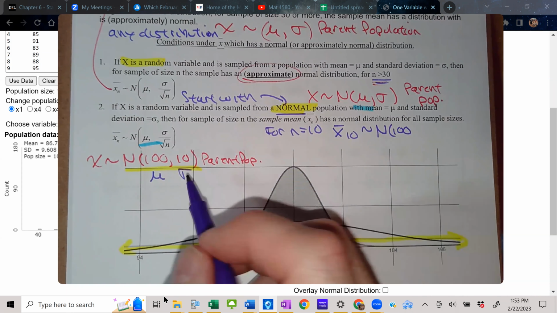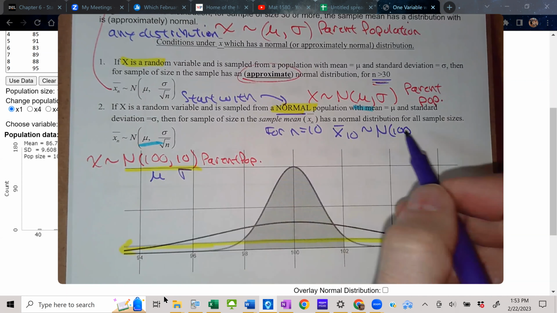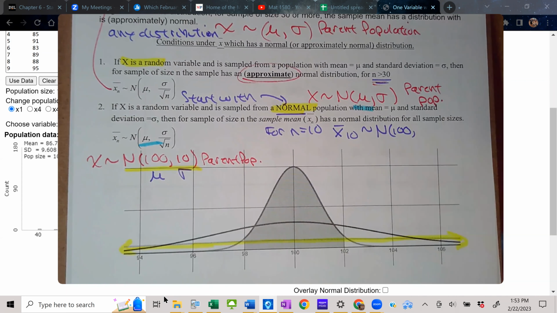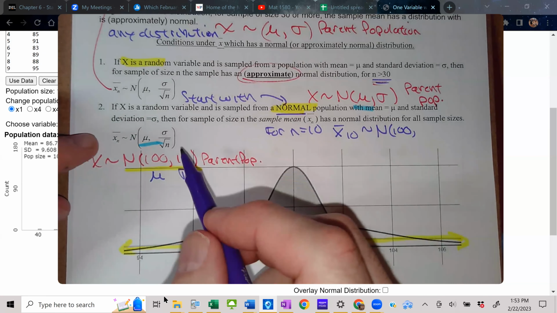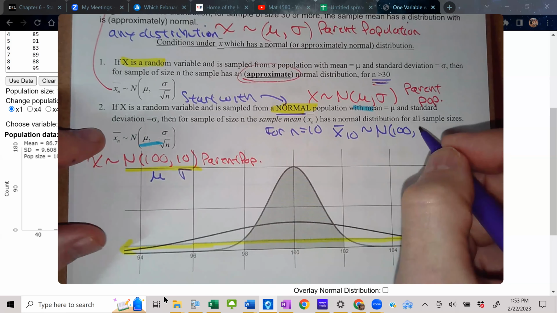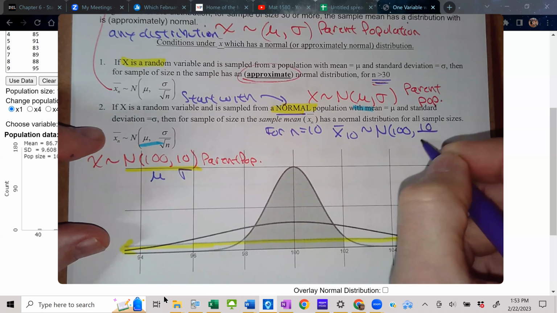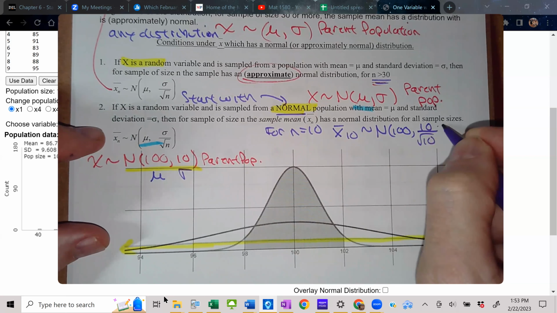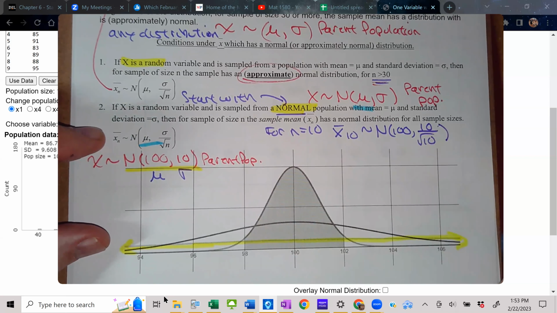But how about the standard deviation? What's going to change over here? Well, it's supposed to be sigma divided by the square root of n. So 10 over the square root of 10. That's my new standard deviation.